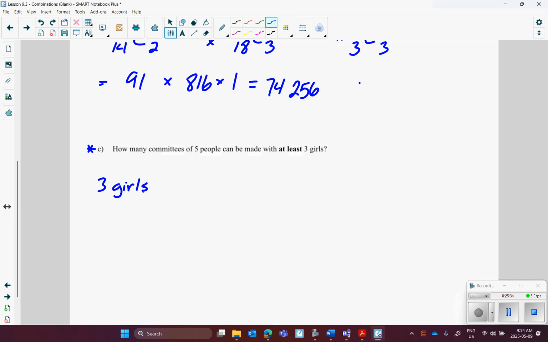So I have to do 3 girls. Well, for 3 girls, there's 15 girls, we're going to choose 3. Times 20 boys, we're going to choose 2. No, we're adding the categories. To find the number of combinations in the 3 girls only, we multiply. Because the committee can be made of this and this.